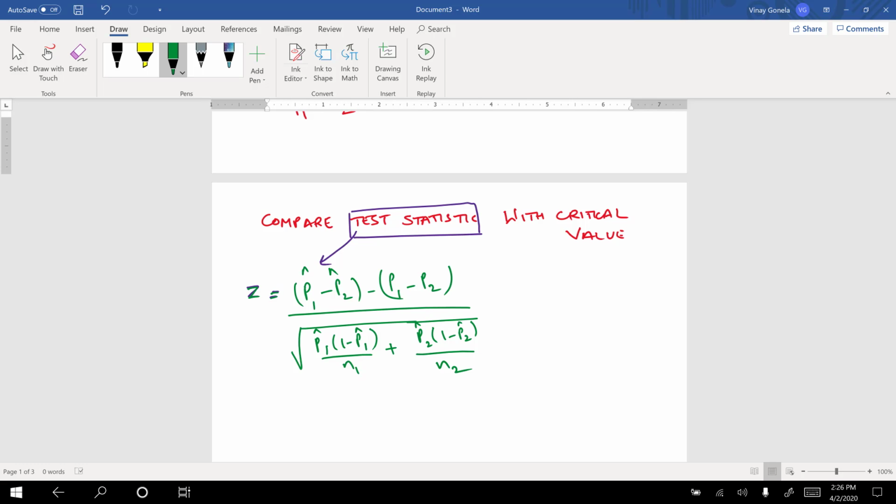There is another formula which your textbook will give. Mostly we will be using the previous formula in our calculations, but it is good to know this formula also.